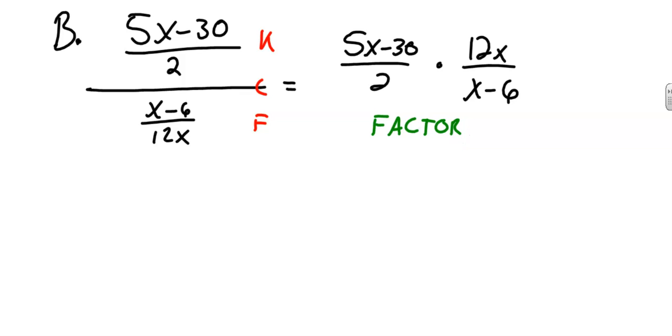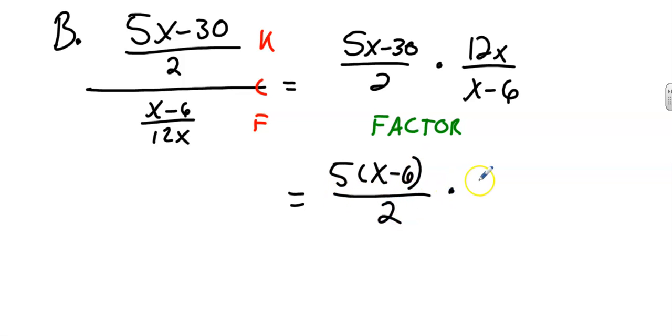And again, factor everything out as much as you can. Numerator here, you can factor out a 5. And that's the only thing. Everything else is pretty much like it is. Okay, and again, with the x minus 6, if you want to think about that one being in parentheses, you can. You can cancel out those x minus 6s, so those are out.